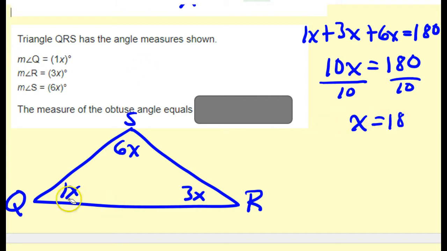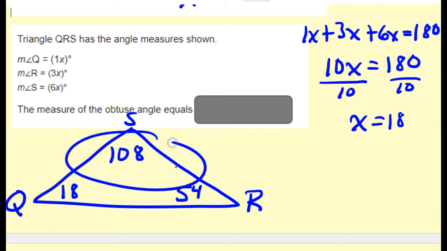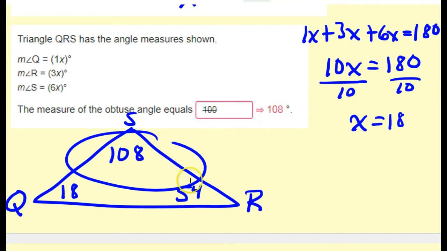So if x is equal to 18, this is 1x, so angle Q is 18. And this is 3x, so 3 times 18, that is 54. And then 6x, so 6 times 18, which is 108. Okay, so this is the obtuse angle, and that's 108. And there you go.